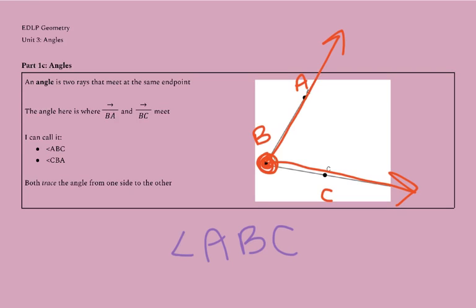But I could also trace the opposite way. In here and then up. Well, if I come from that direction, I go C, B, and then up to A. So C, B, A is also an option.